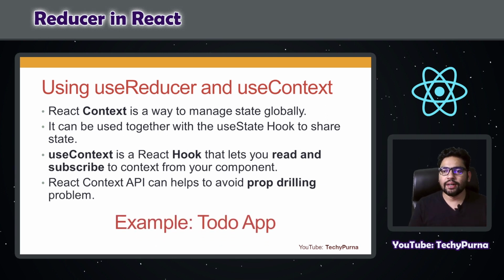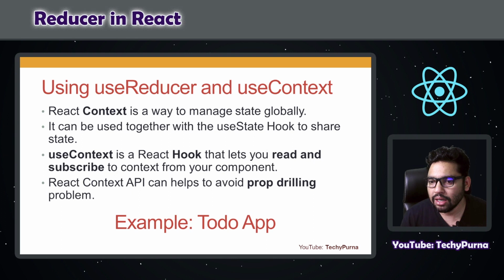To explore reducer and context in a single project, we will build a to-do app. We'll use context along with reducer. The plan is to create a to-do app using normal useState, then remove that useState and introduce reducer.